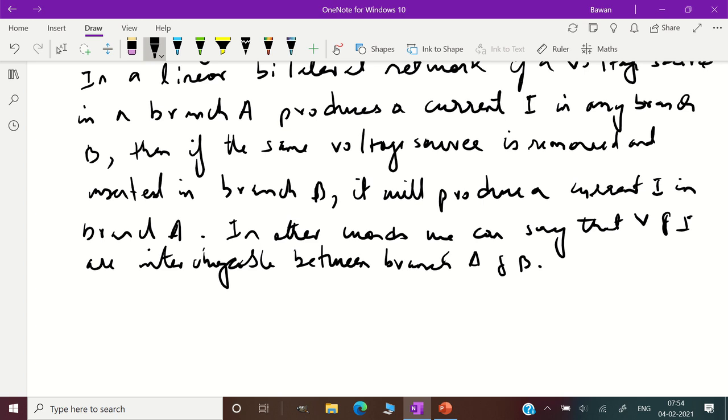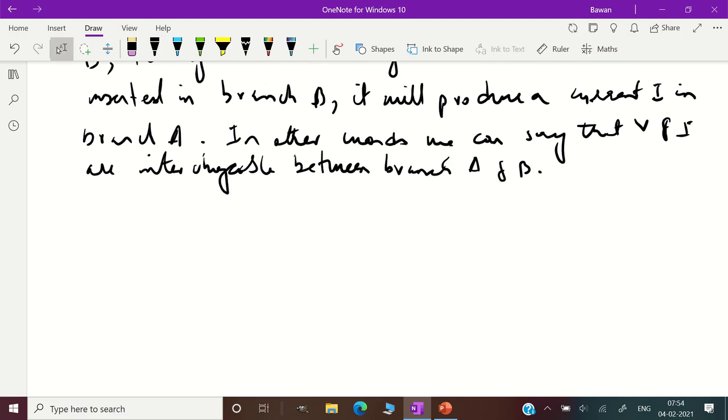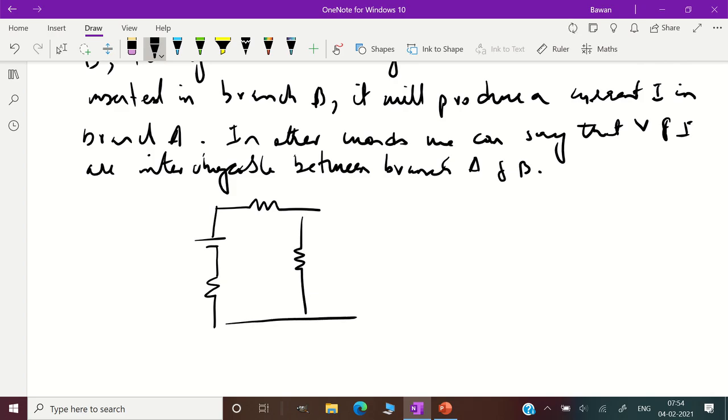Let's say I have a network, a circuit for that matter. If current I flows through this branch and the voltage is here, I can do the other way around.